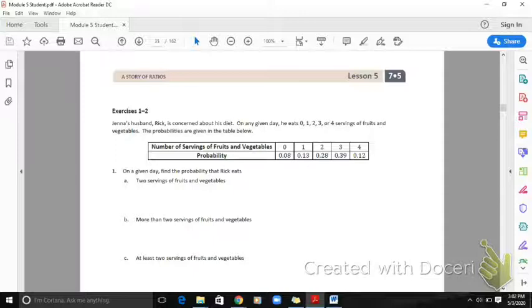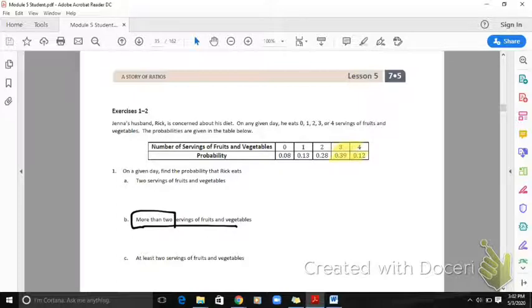Let's look at B. The probability that Rick eats more than 2 servings of fruits and vegetables. So you've got to think of the keyword, more than 2. What does more than 2 mean? It means anything greater than 2, right? So what's the probability that he eats greater than 2? If he eats greater than 2 servings, that means he eats 3 or 4, right?